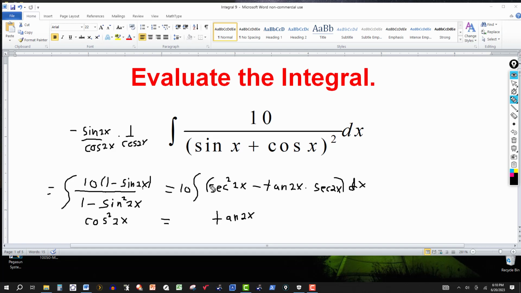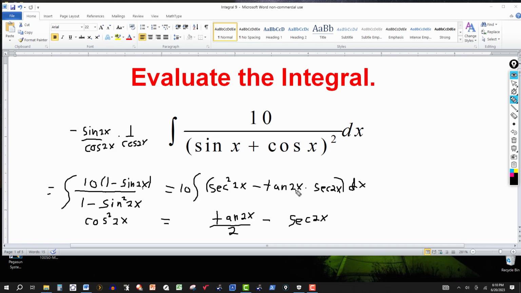And then using the chain rule backwards, the derivative of 2x is 2, so this will be divided by 2 here. And then I've got a minus tangent secant. The integral of that is secant. The derivative of secant is tangent and secant. I'll put this as secant of 2x.